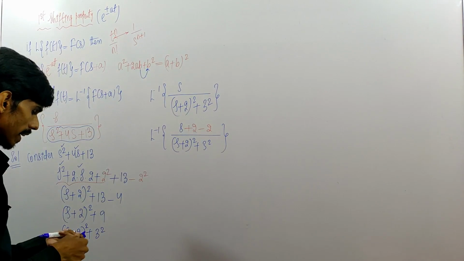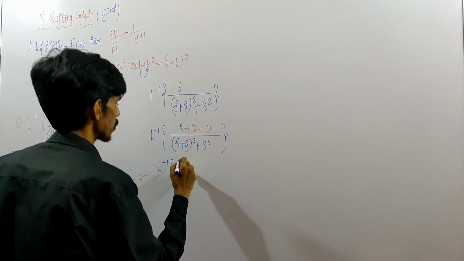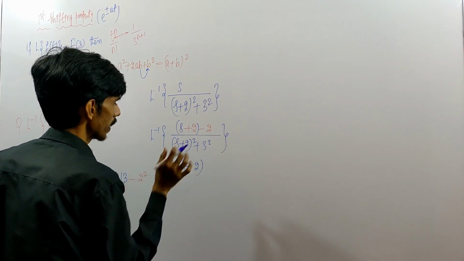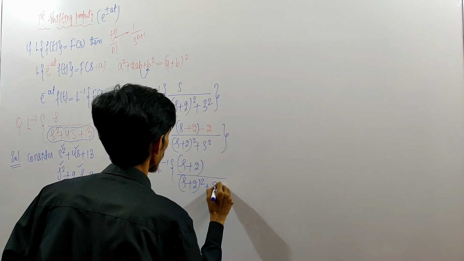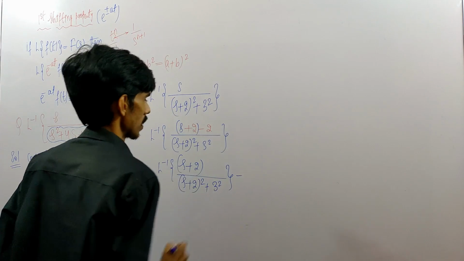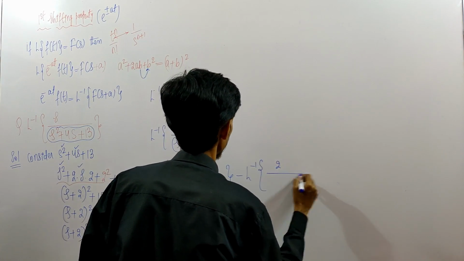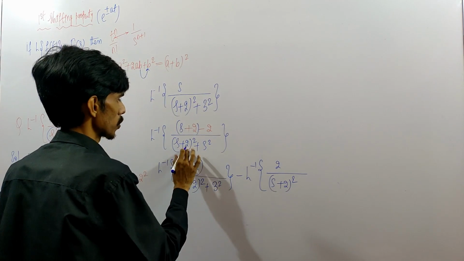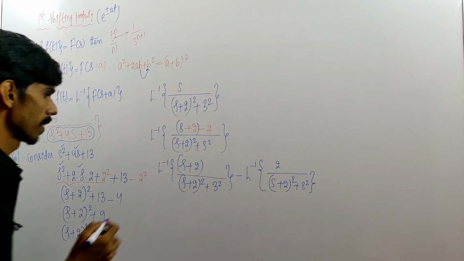Now we can write it separately. We have L inverse of s plus 2, the first term, divided by the denominator (s plus 2) square plus 3 square. Now we have minus L inverse of 2 divided by (s plus 2) square plus 3 square.